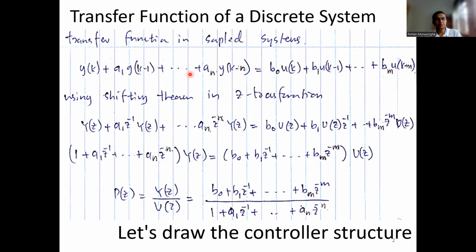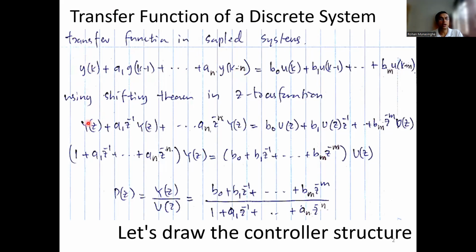And then when you transform these samples appearing at different times, you can see it over here. This appears at k, this appears at k minus 1, this appears at k minus n. So these are samples at different times, right? And the Z-transform was developed to combine these samples which are appearing at different times, through the shift theorem.